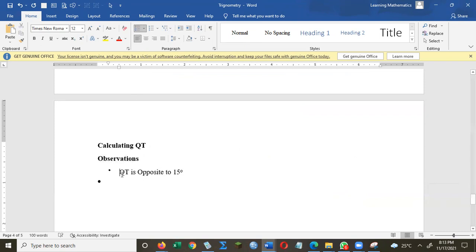Tan again. So it appears we're going to use tan again.